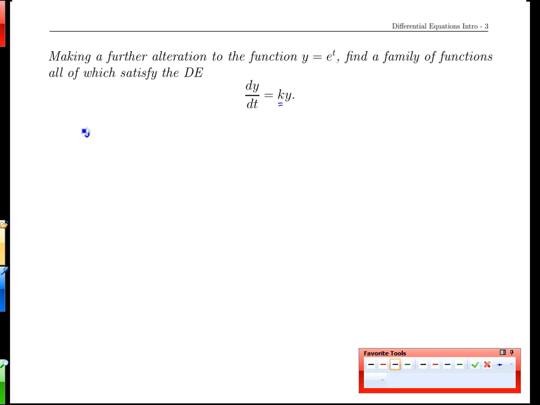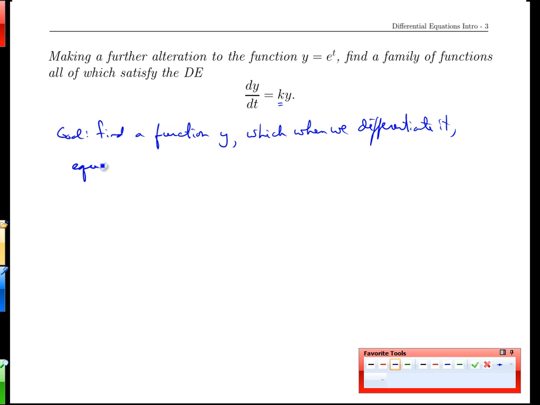The goal here is really to find a function y which, when we differentiate, equals itself times a constant k.